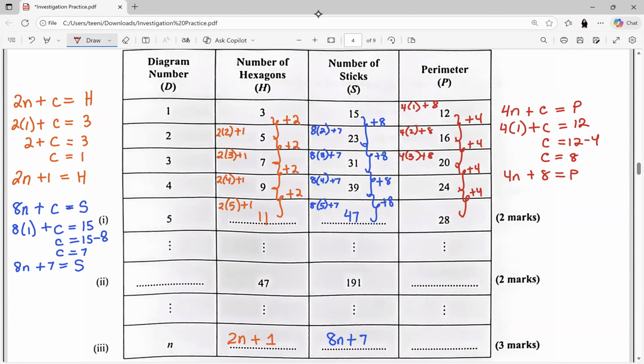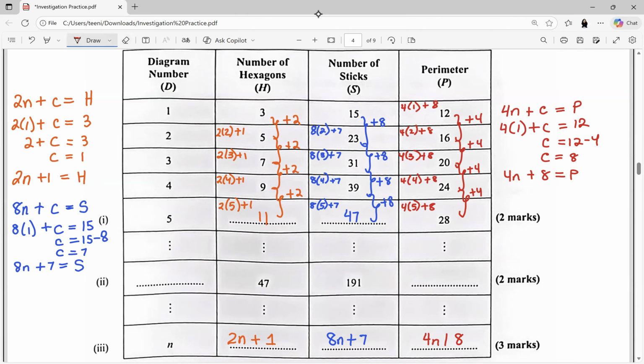So 4 threes are 12 plus 8 is 20. When the diagram number is 4, that's 4 times 4, which is 16. 16 plus 8 is 24. And then finally, when the diagram number is 5, 4 times 5 plus 8 is 28. So my rule is sound. So that means that the rule to determine the perimeter is 4n plus 8.